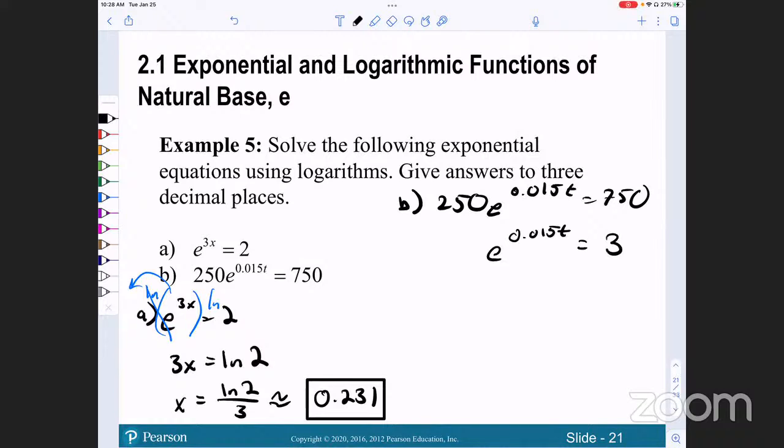So then to get that out of the exponent, we take the log on both sides. Natural log and e cancel, and this comes out of the exponent. So then we'll have 0.015 t equals the natural log of 3.